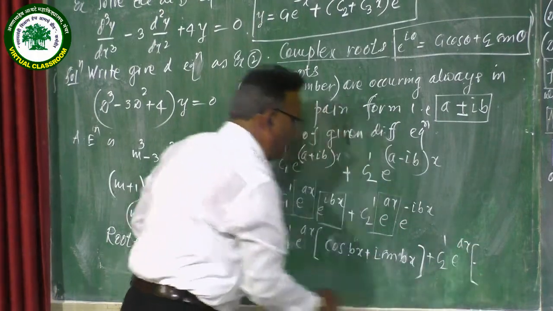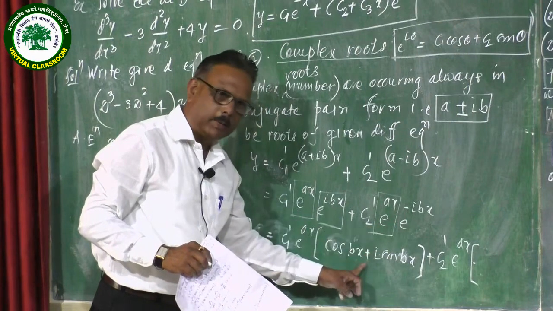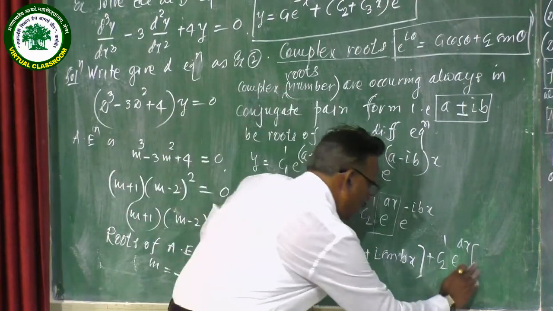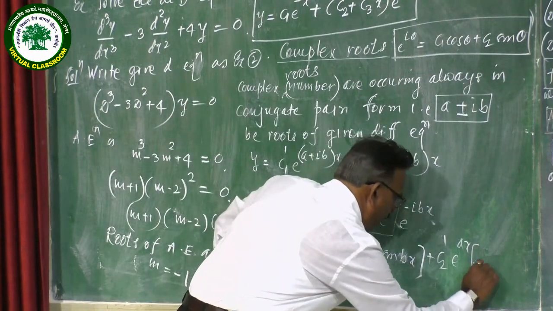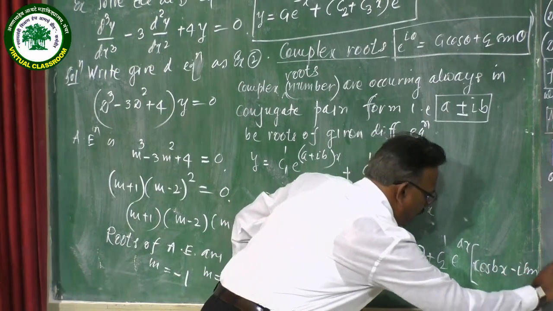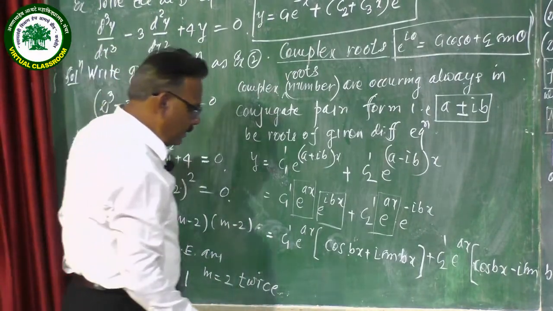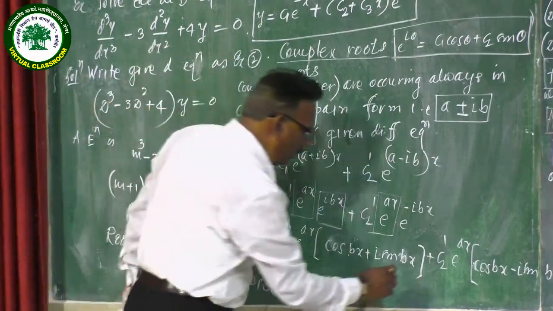This quantity will be written. Here there is a plus sign, here there is a minus sign, therefore the middle term takes a minus sign. Therefore, cos of bx minus i sin of bx. Okay. Try to understand here.